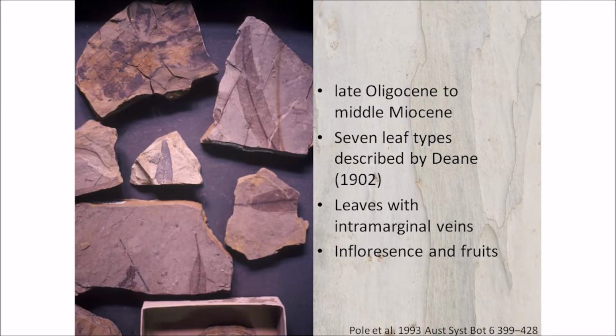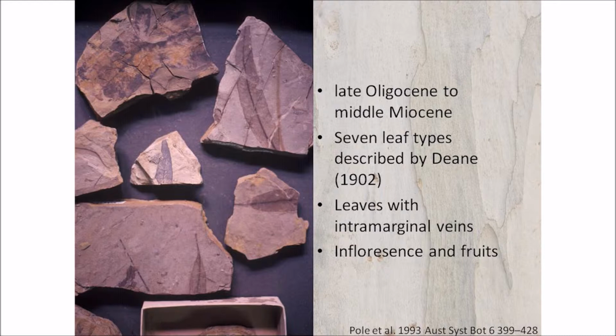And some of the records that we have in Australia are quite local to here. So in the late Oligocene, 30 odd million years ago, there were 7 leaf types described from Wilson Botanic Garden, which used to be an old quarry. And there are leaf beds there now under the quarry water at Wilson Botanic Garden. And there was a big collection made of those.